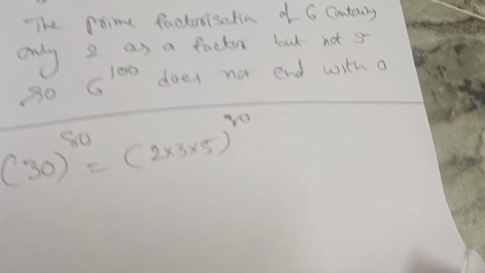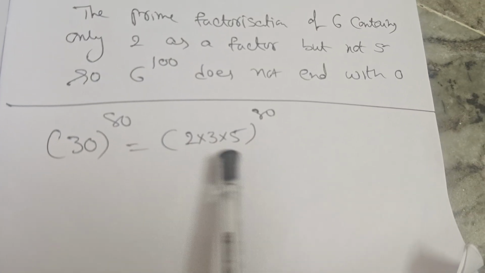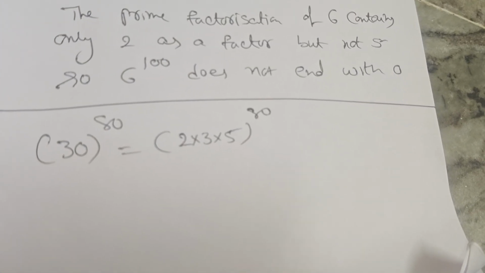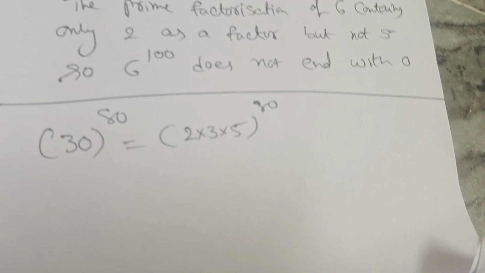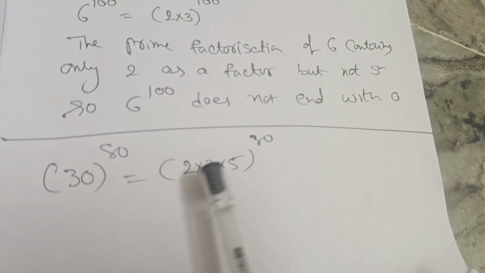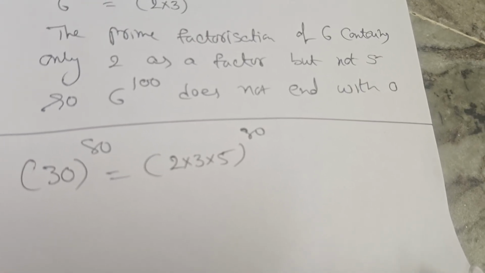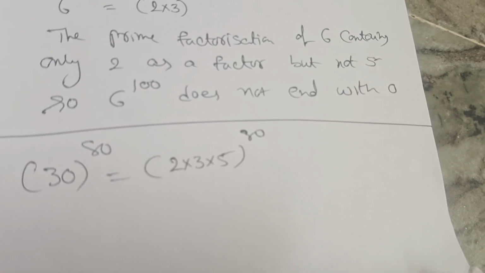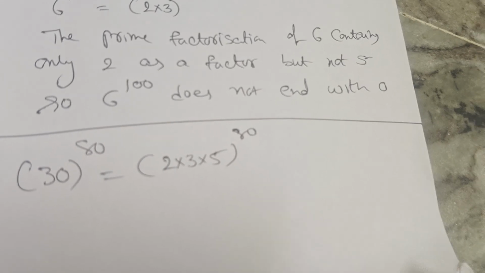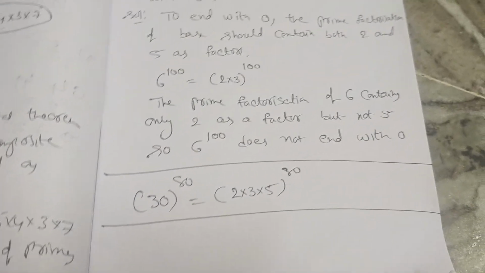If any extra number is there, nothing will happen. But you have to see whether 2 and 5 both are present or not. So 30 power 80 ends with 0. Did you understand? So like this you have to solve the sums.